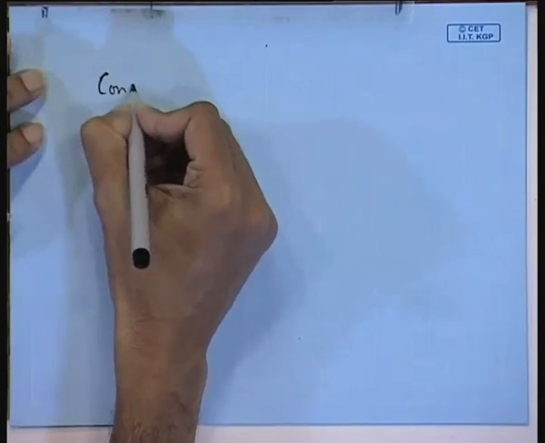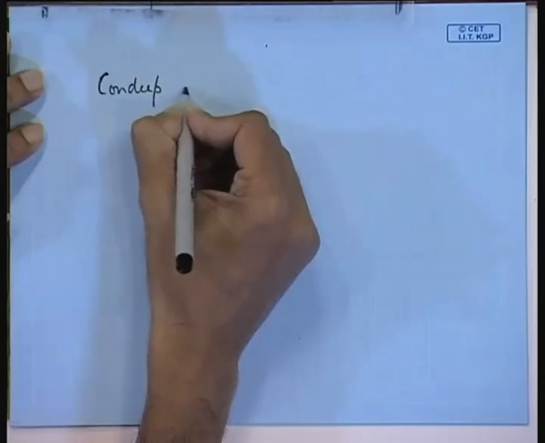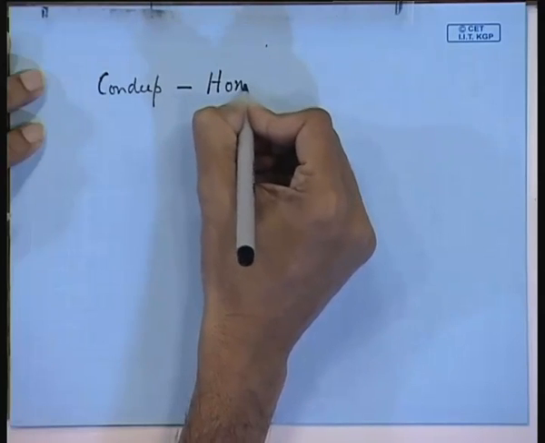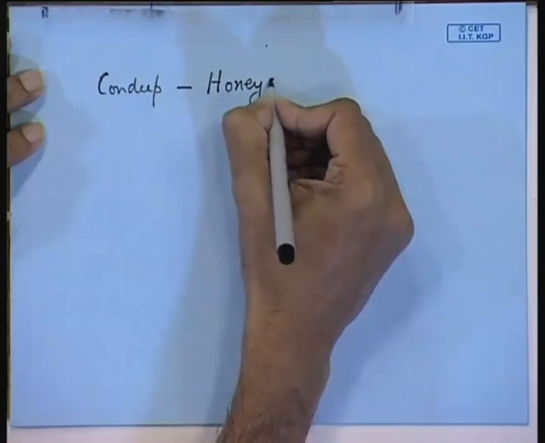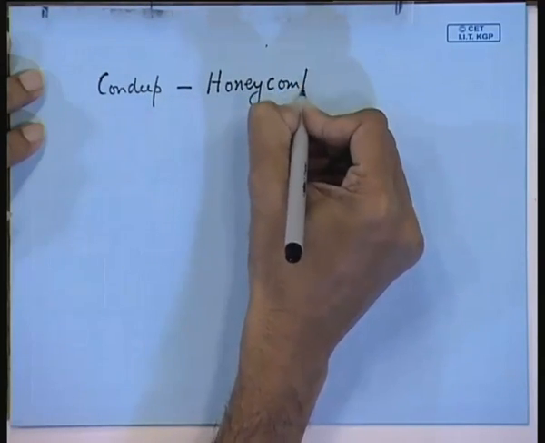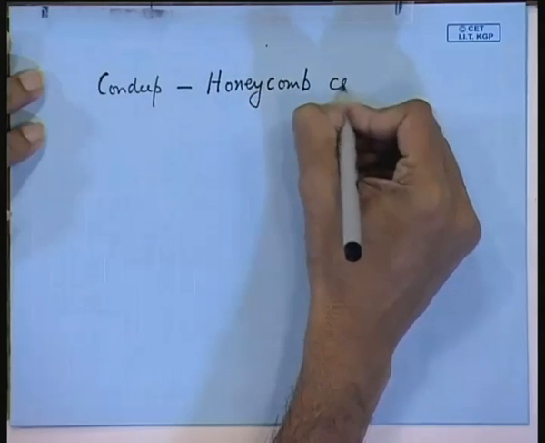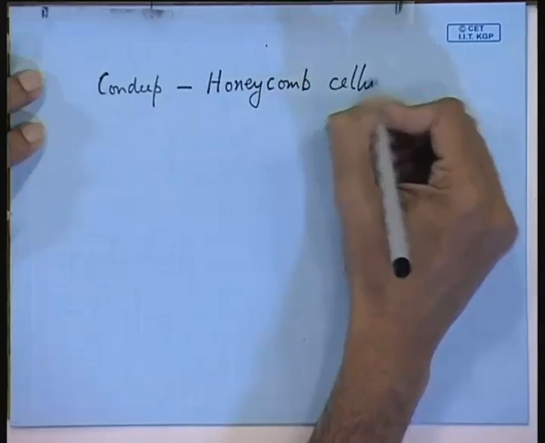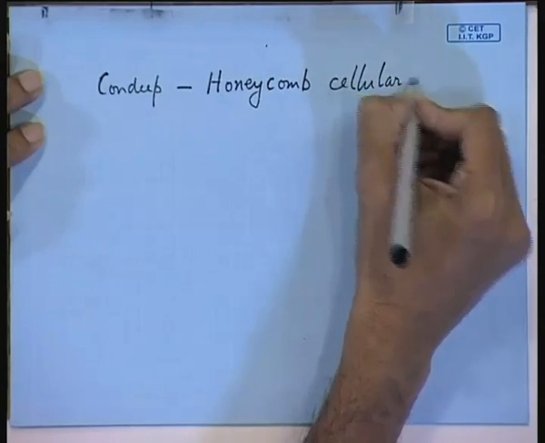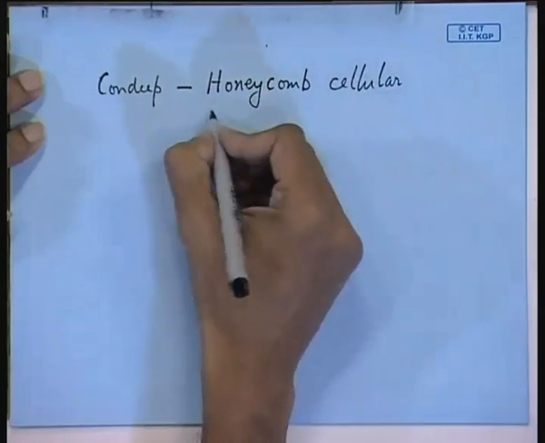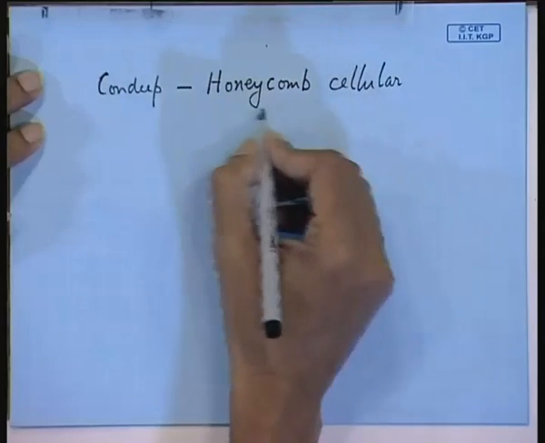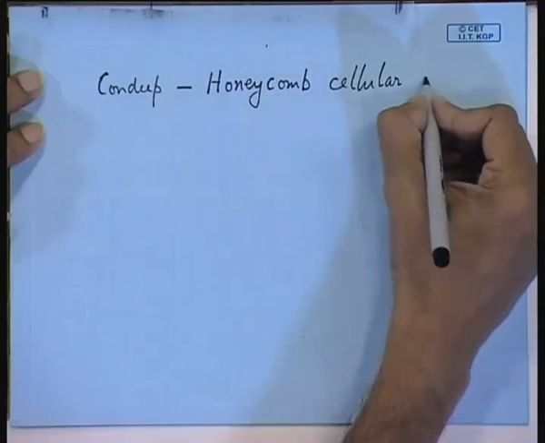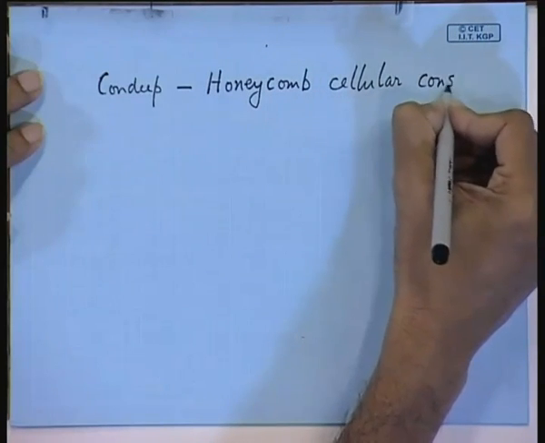Condeep basically has honeycomb cellular construction. Where it is more convenient, you go for that honeycomb cellular construction. That means the individual cells can be formed in the shipyard and then they are linked.